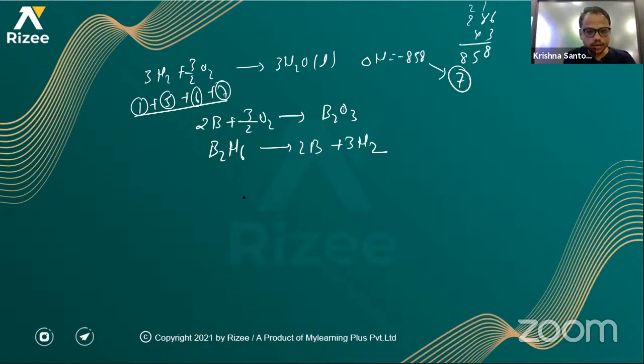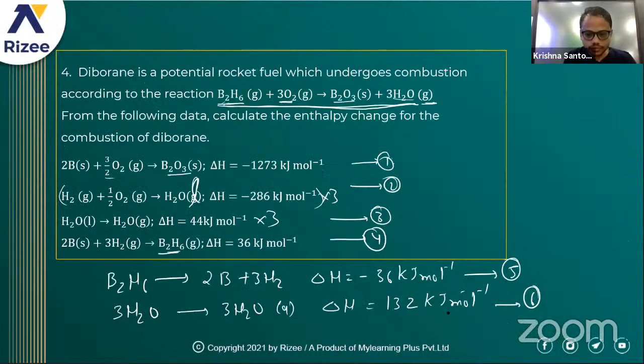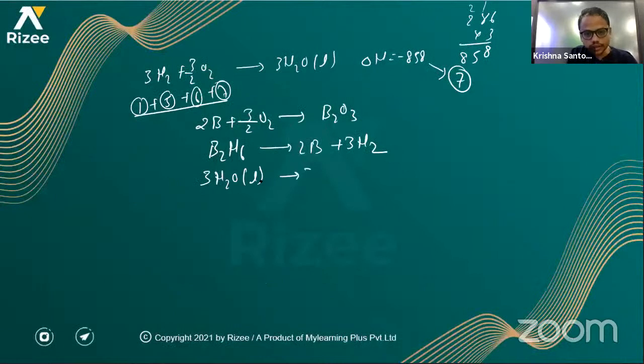Next, 3H2O gives rise to 3H2O liquid. H2O liquid gives rise to 3H2O gas.